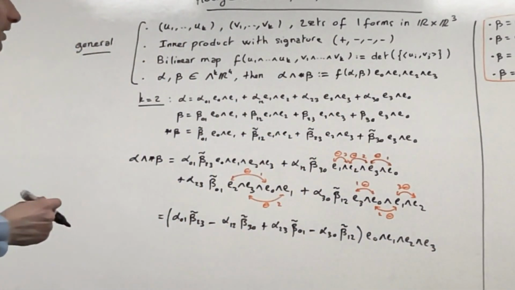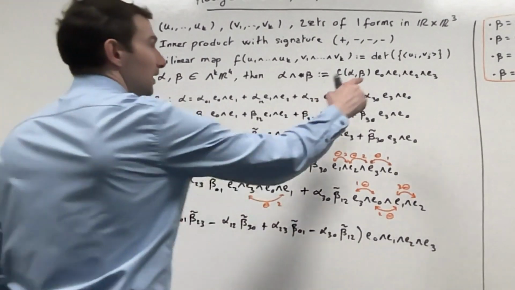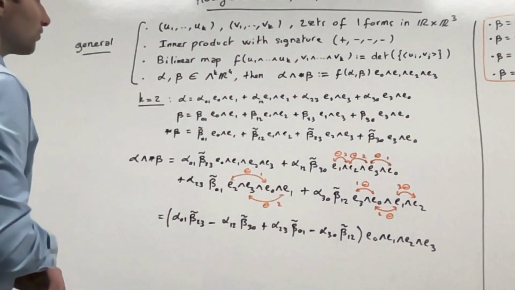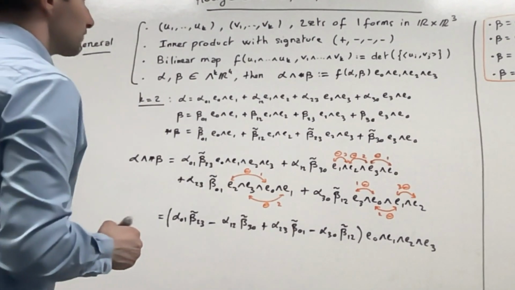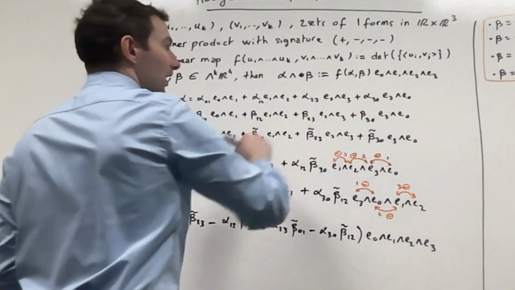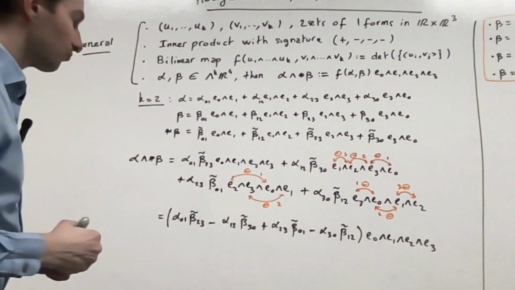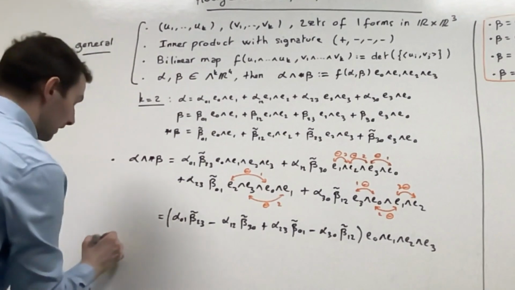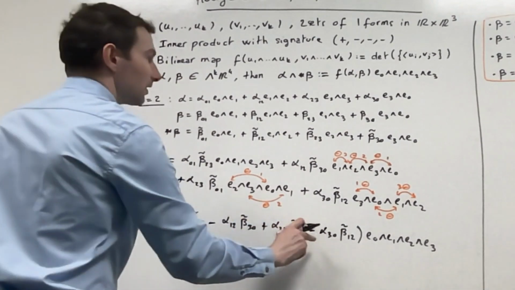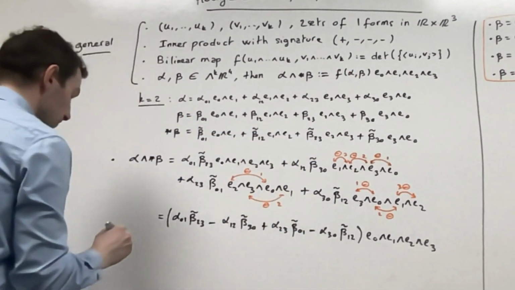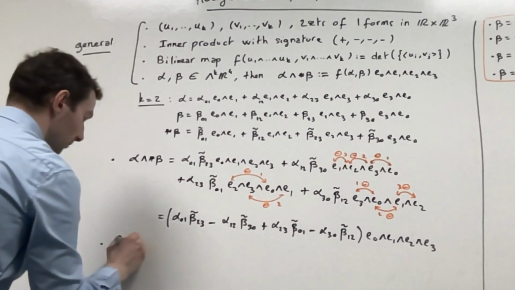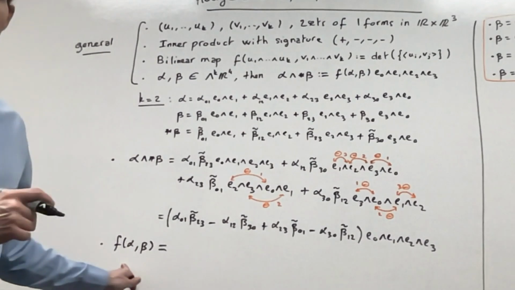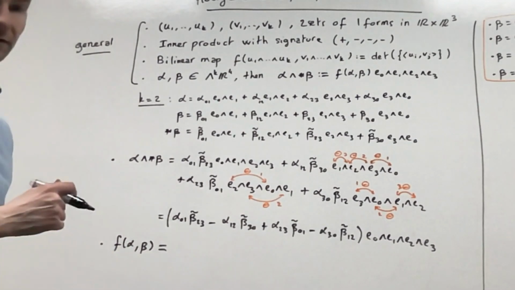So the next step here is to evaluate this particular thing, and the way we are going to do it is as follows. We need to evaluate f of alpha beta. That's the first step that we've done, and then we need to identify that to this quantity. So first of all, we need to evaluate f of alpha beta, and what I'm going to use here is a bilinear property of f of alpha beta.